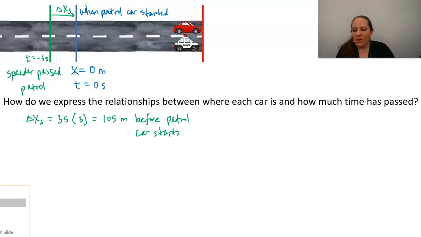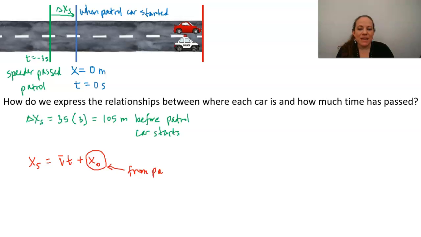So when we think back to our position-time relationship, remember that it's going to be velocity times elapsed time plus initial position. Well, this initial position is from the perspective of what the patrol car is doing.